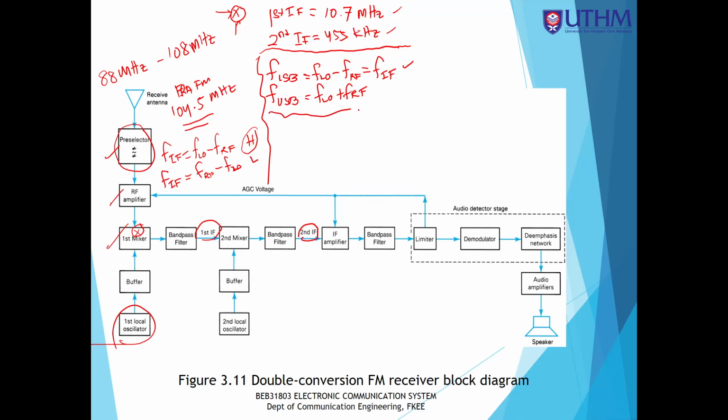Last week I gave you two examples, if we use a high side injection or a low side injection. For example, we want to find the local oscillator frequency if we use a high side injection or a low side injection. So how to do this?